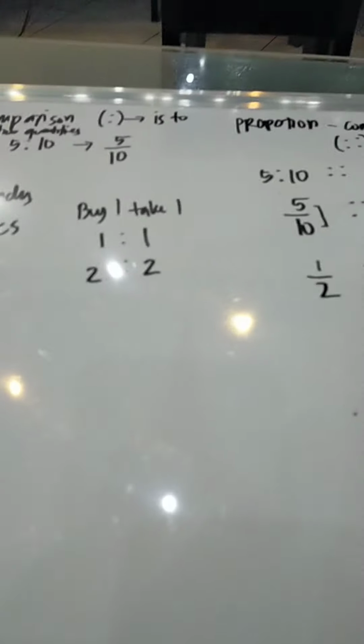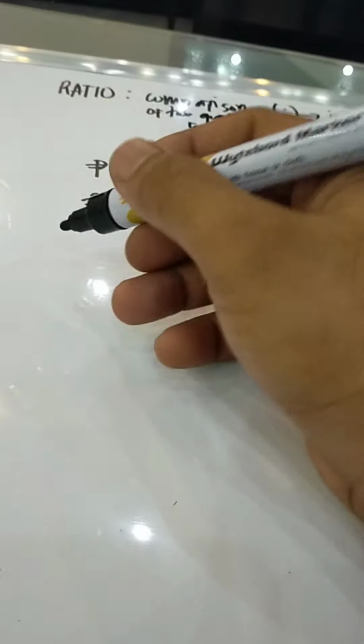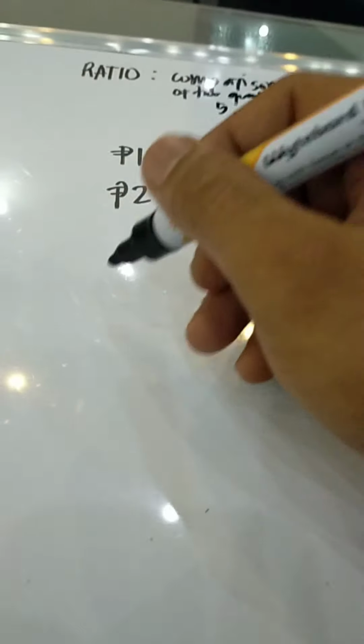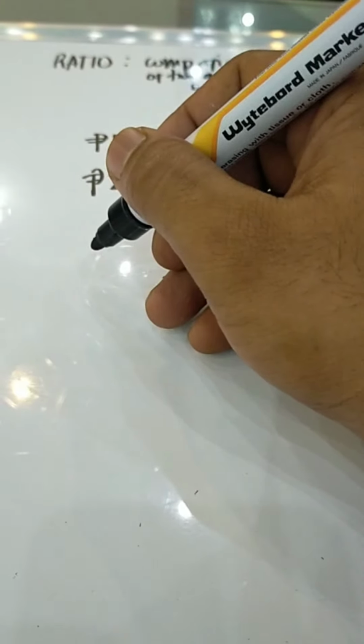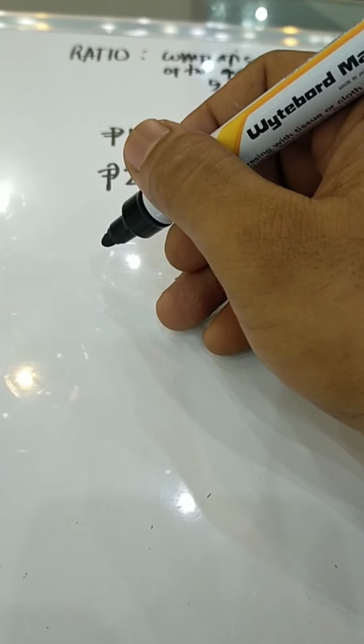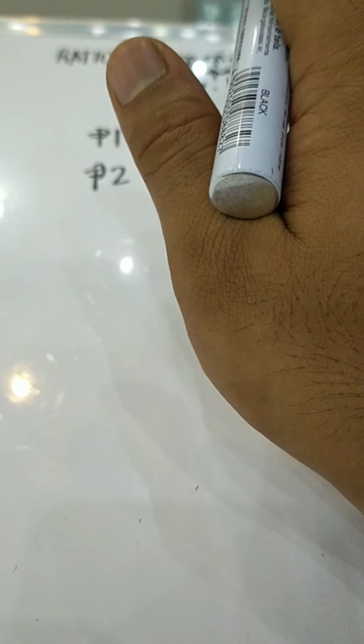As I have said, let's have example number 1. It says here, the ratio of 8 rupees, okay, so RS is rupees, pera yan. Kung dito sa Pilipinas ay Philippine peso, sa ibang bansa meron yung certain country na ang pera nila ay tinatawag nilang rupees.